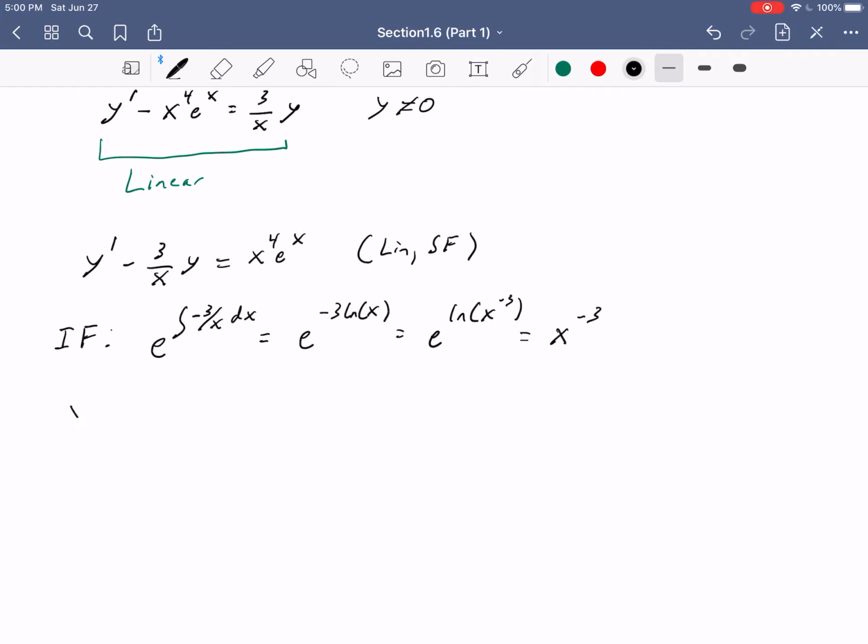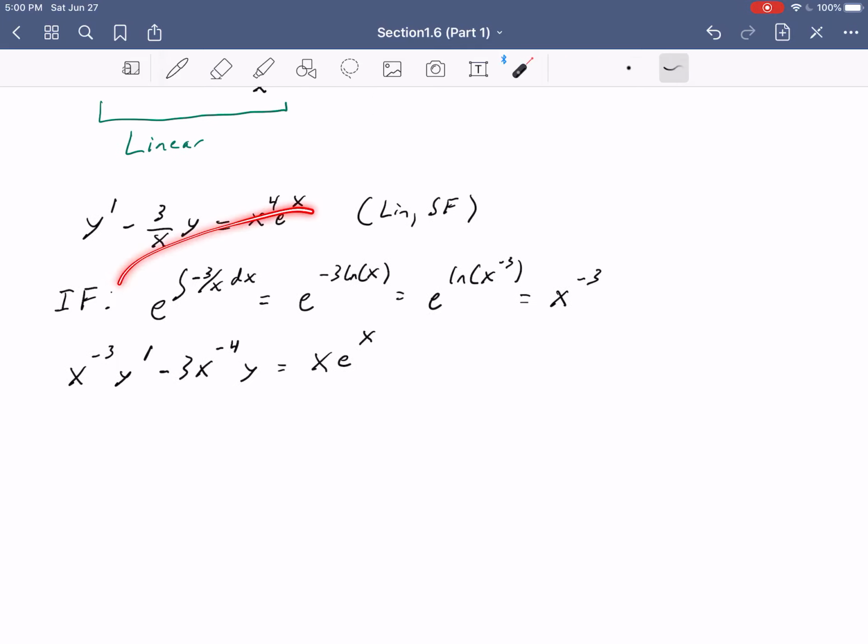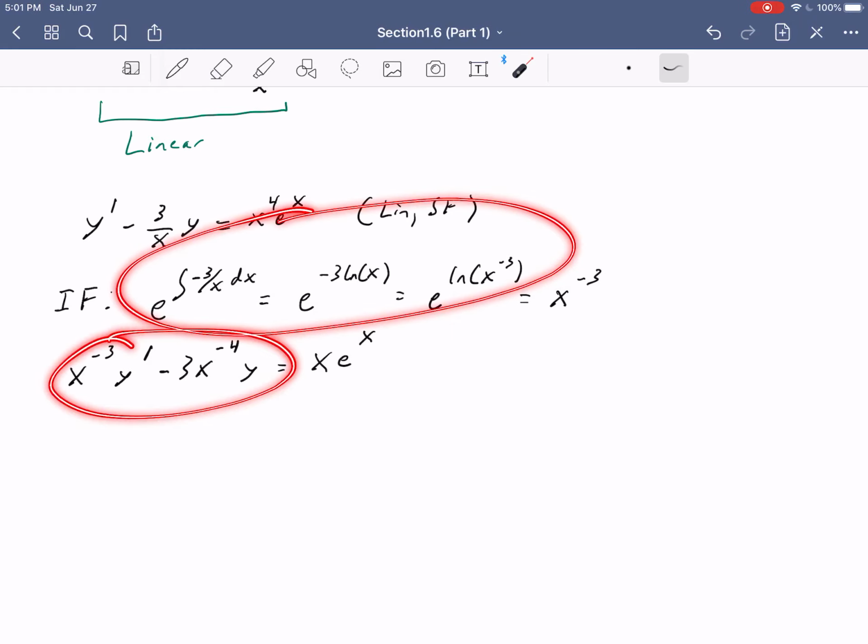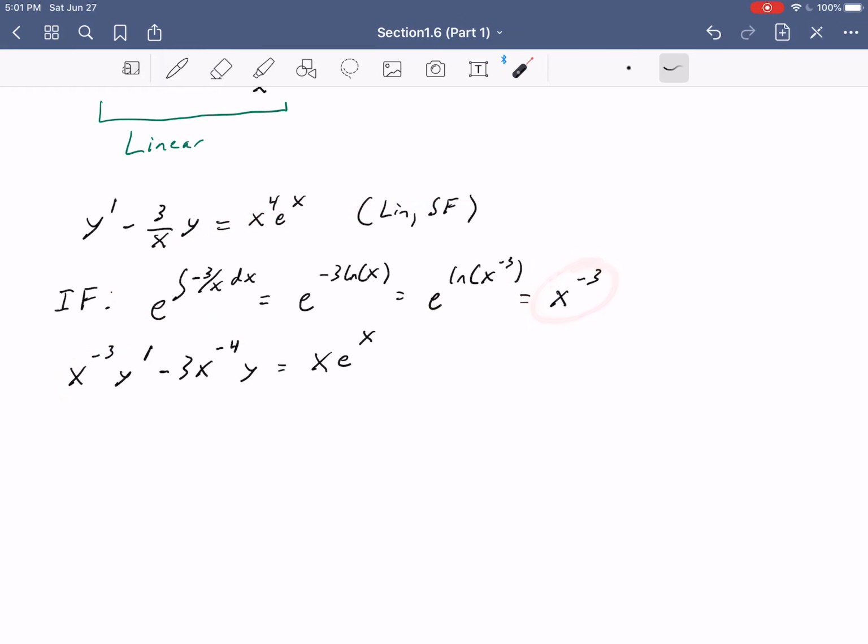So let's go ahead and do that. We get x to the minus 3, y prime. And of course, when I multiply it onto this, it might be easier to think about it as minus 3x to the minus 4, y. And then when I multiply it on this side, I get x e to the x. Now, if we've done all this correctly, this left-hand side must be a product rule of this integrating factor and y.